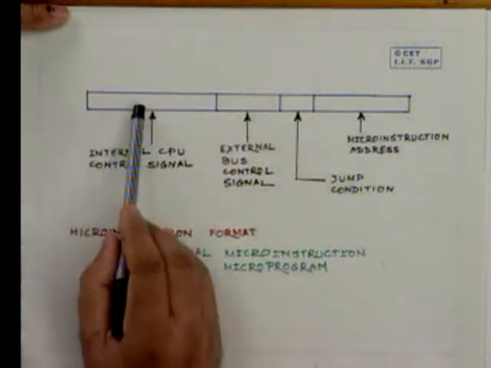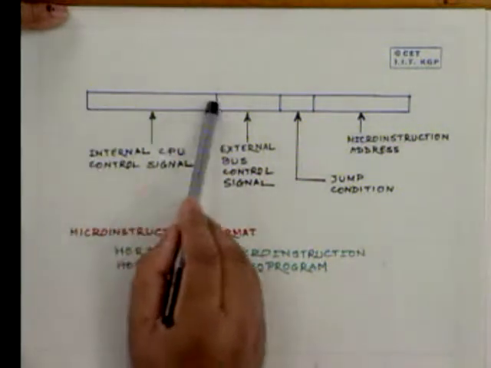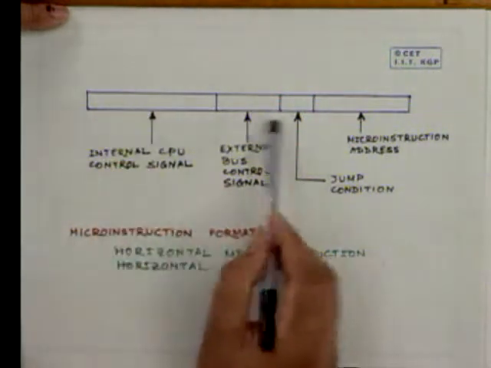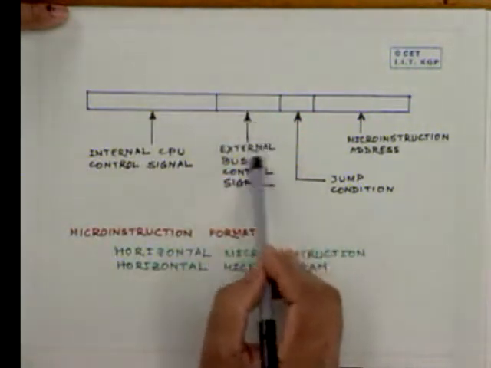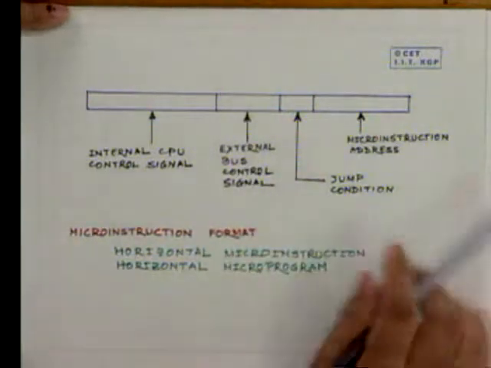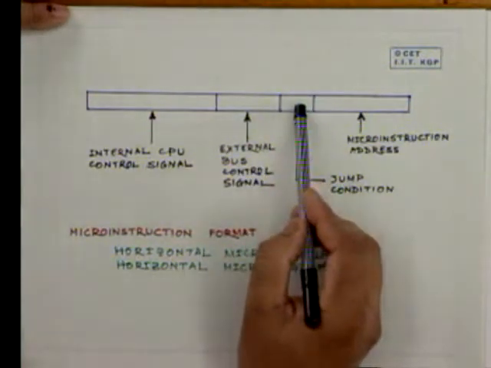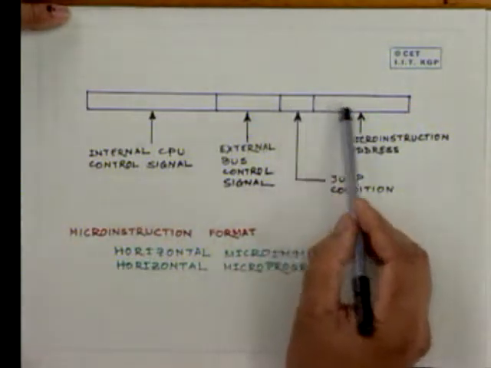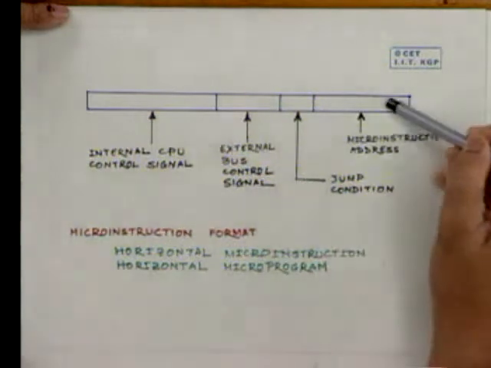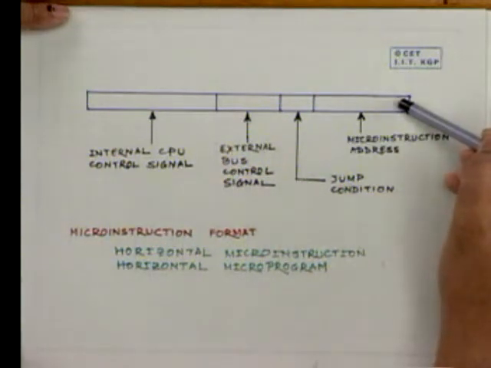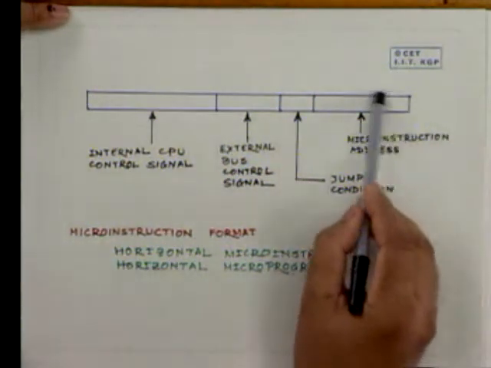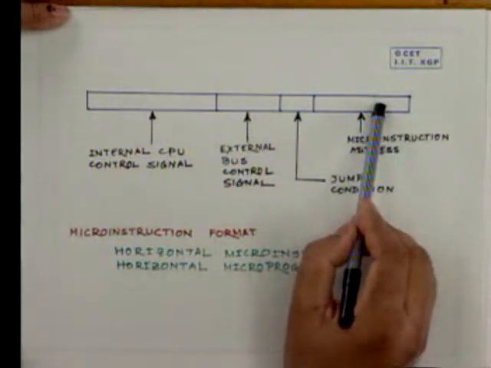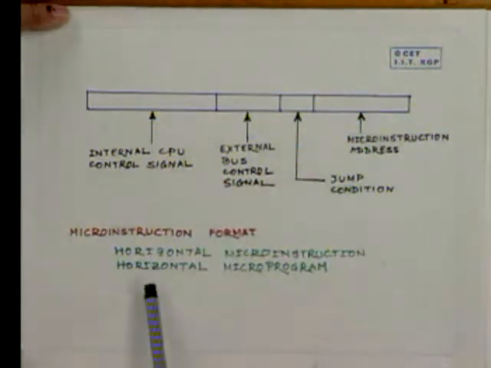Therefore, one field will control the internal CPU control signals, another field will control the external bus control signals. There will be a jump condition, depending upon which the next micro instruction is chosen, and an address field gives the address of the next micro instruction, where to jump to if the jump condition is satisfied.